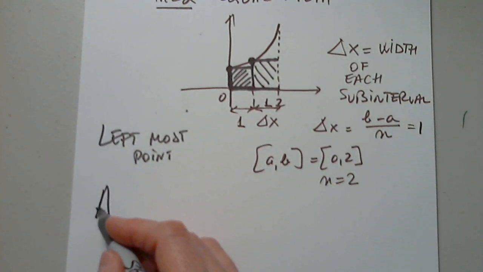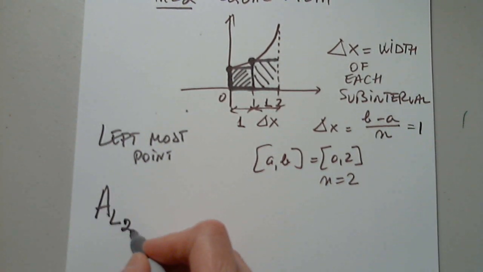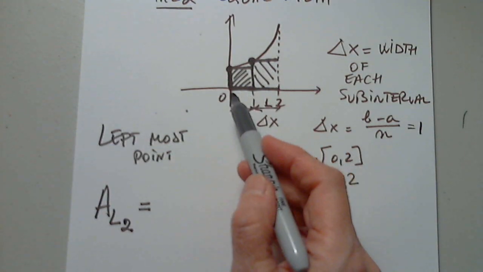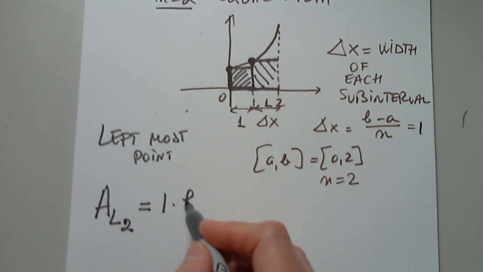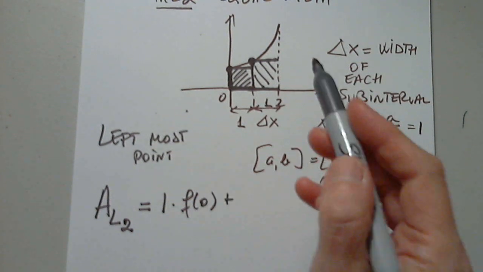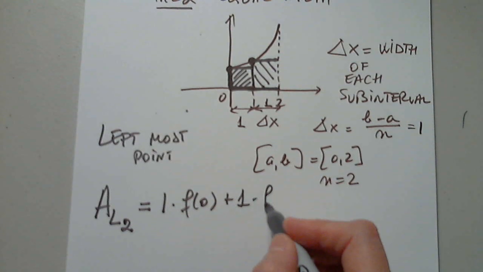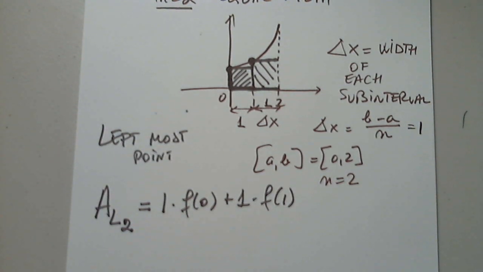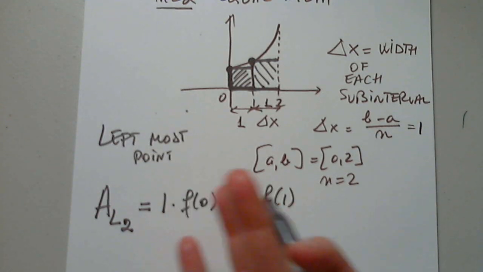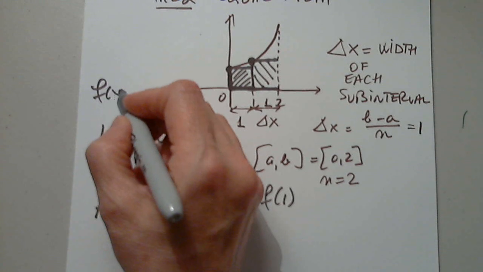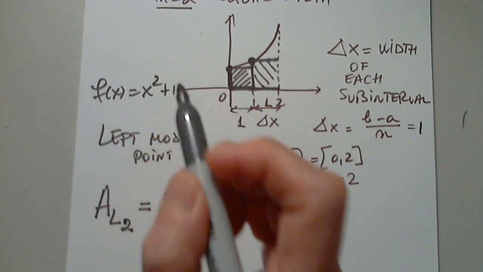So the area with left 2 is base times height, 1 times f of 0, plus base times height, 1 times f of 1. 1 stays outside, I don't need it anymore. F of 0, remember the function we picked was x squared plus 1.